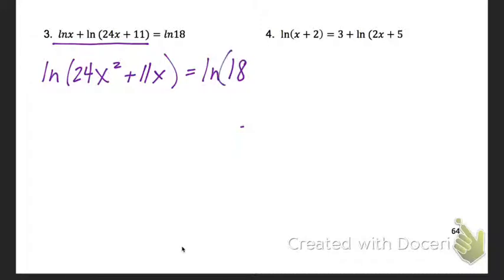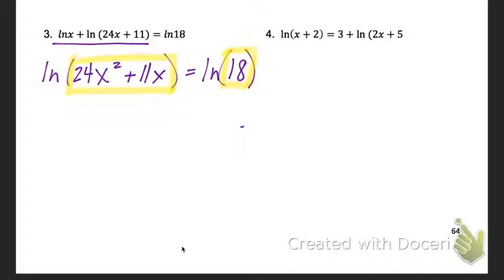Something really helpful is if you have a log or ln on both sides with the same base, then you can just set the stuff inside the parentheses equal to each other. You don't have to move it over and set it equal to 0 and all of that.